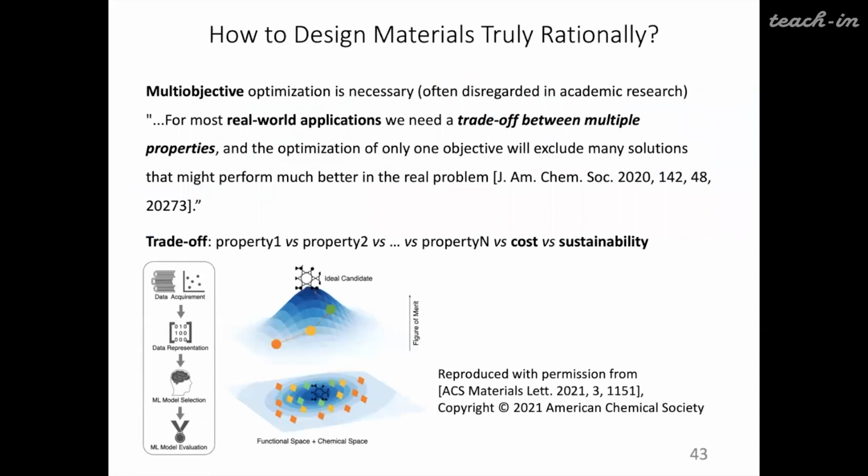And also, we should mention that true rational design of materials is a multi-objective task. So for real-world applications, we usually need to find a balance or even a trade-off between multiple properties.